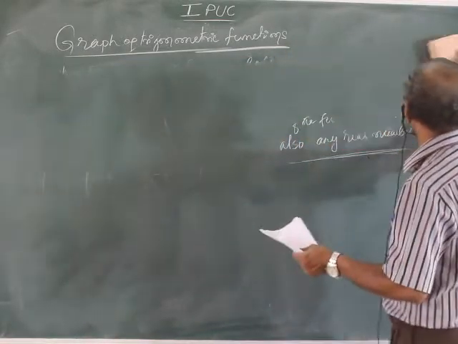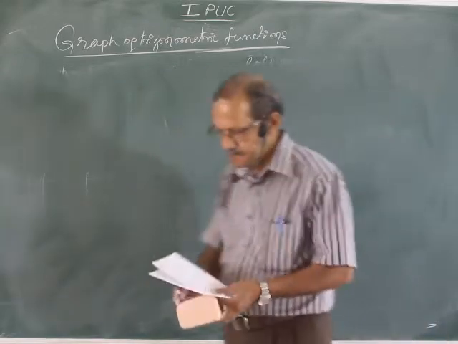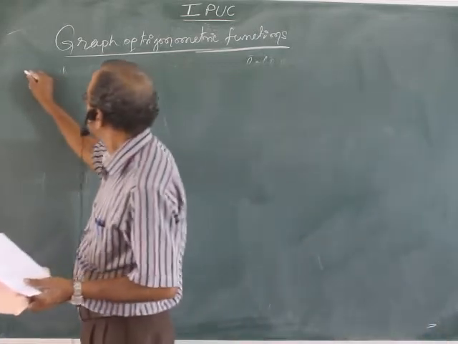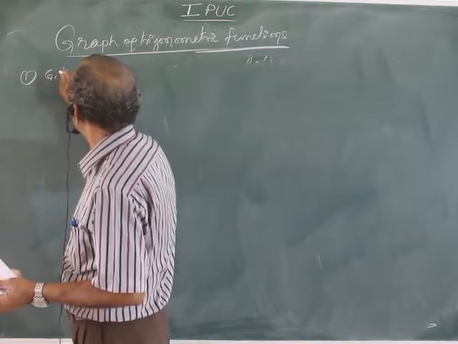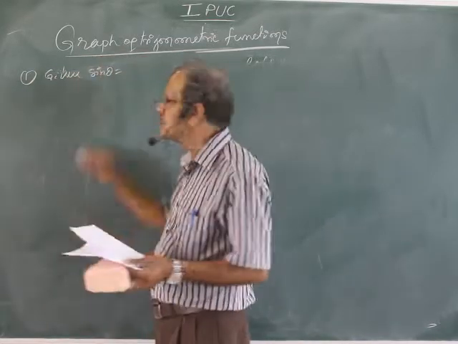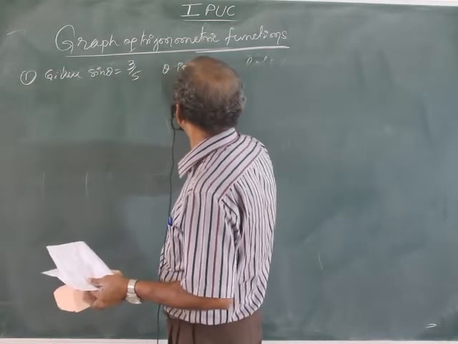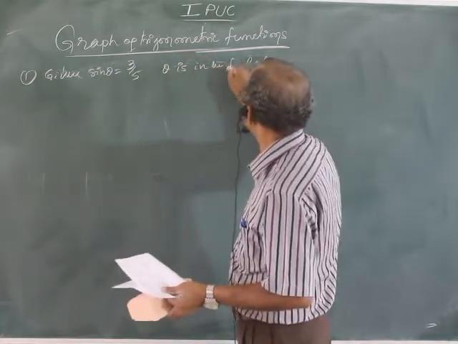Let us take some small problems. First one, given sin theta equal to 3 by 5, theta is in the first quadrant.